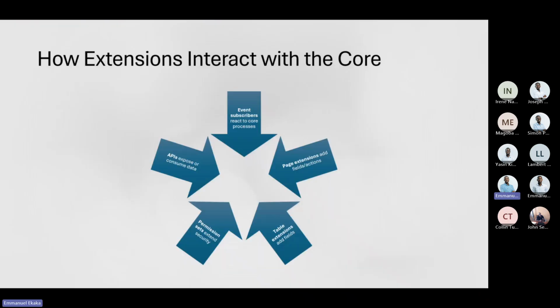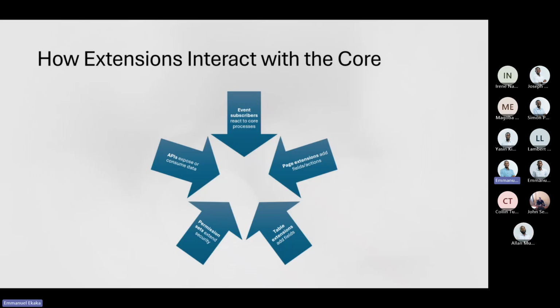And then how the extensions interact with the core. The extensions you create interact with the core functionality through event subscribers, page extensions, table extensions, permission sets to extend security, and through the APIs.